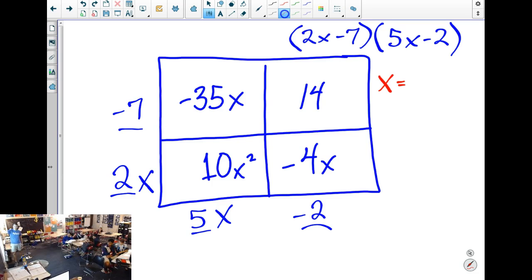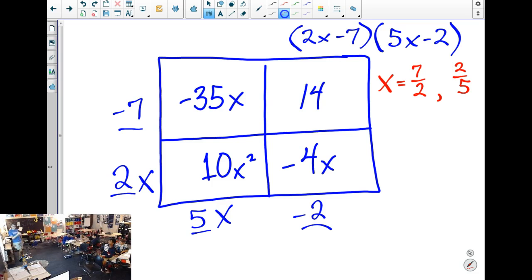So how do I make this become a +7? I multiply by the opposite of this value divided by the coefficient. So forget about the decimals. Fractions are easier. Opposite of this value divided by the coefficient, 2/5. And that would tell us where we cross the x-axis.